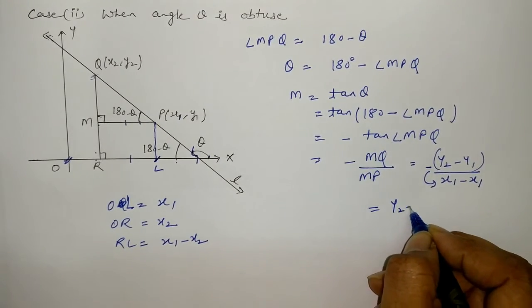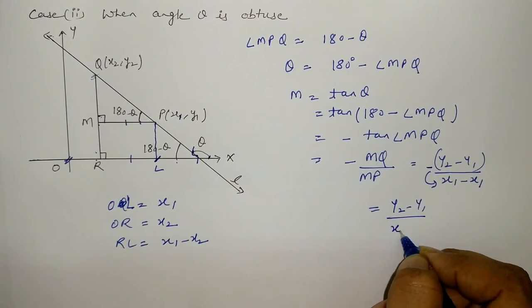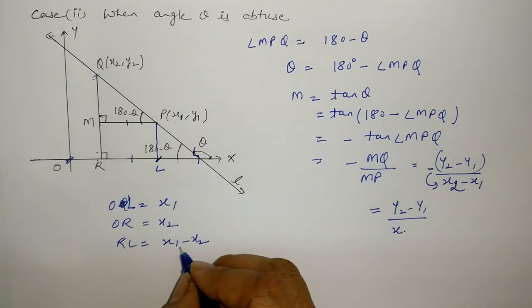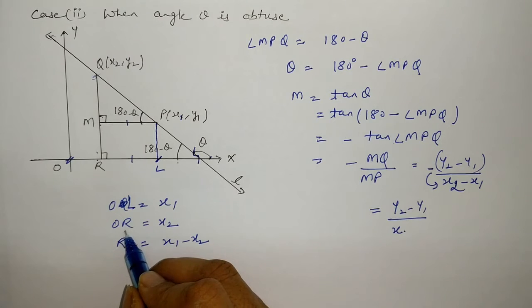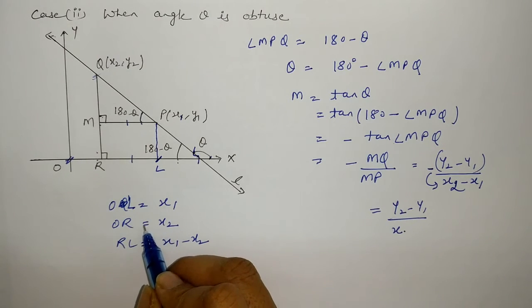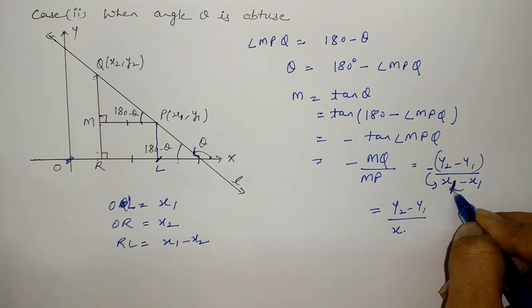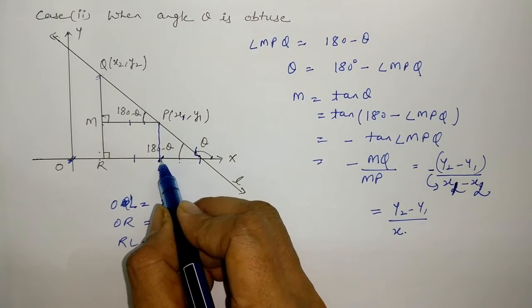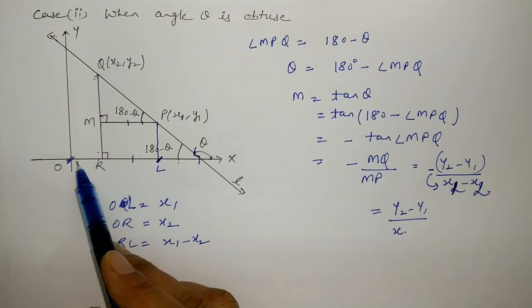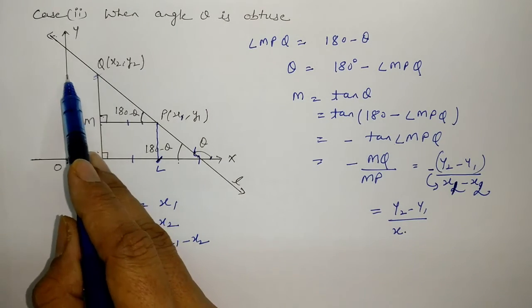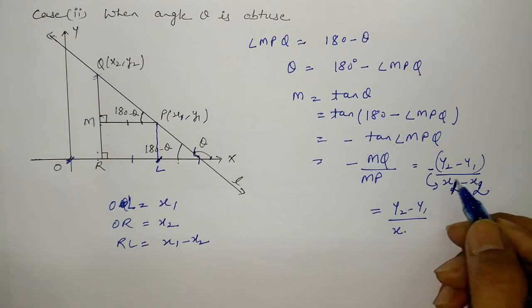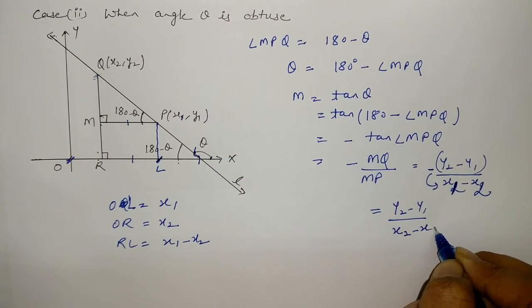The negative sign I'll shift down. This will be y2 minus y1 upon, sorry, I made a mistake. This is x1 minus x2 because the total is x1 and the difference is x2, the x coordinate. So the difference is x1 minus x2. If we bring the sign inside, this is x2 minus x1.